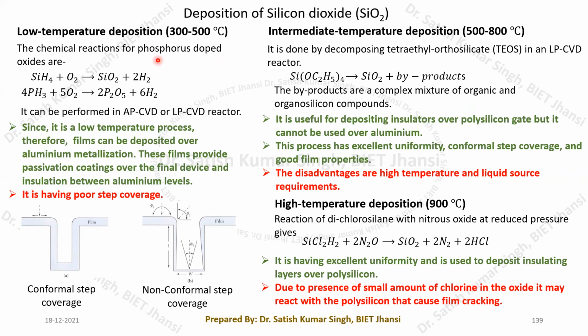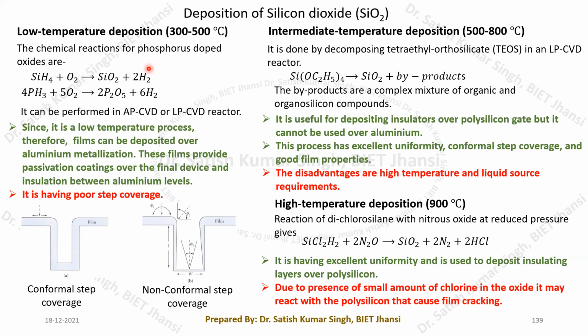Let us say we talk about the low temperature deposition. This low temperature deposition can be done by sending the silane gas with oxygen. If we send this silane gas with oxygen, then the SiO2 layer is going to grow and hydrogen is going to be liberated.